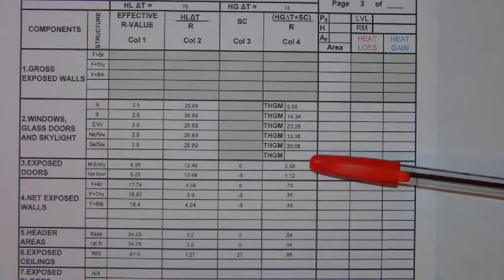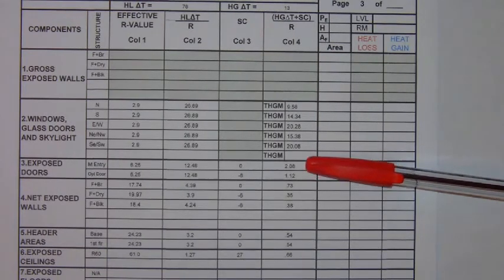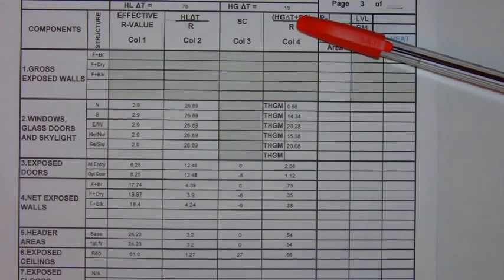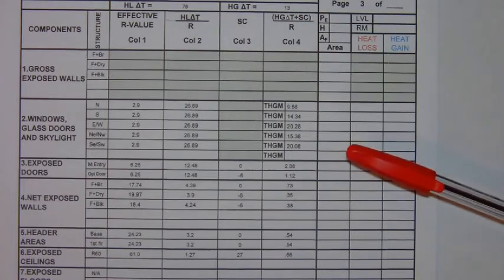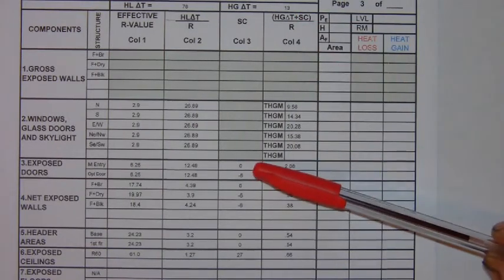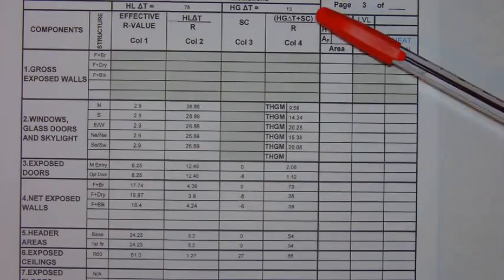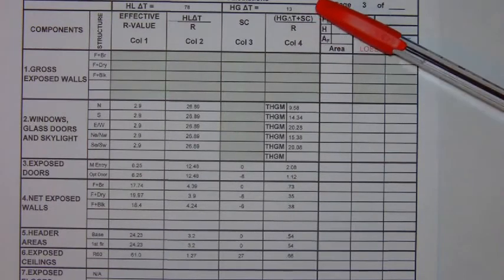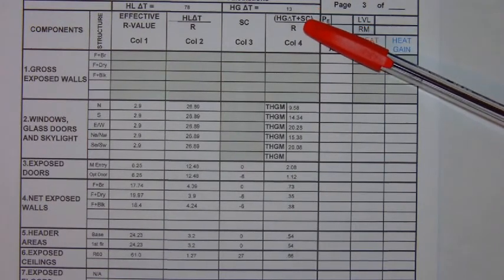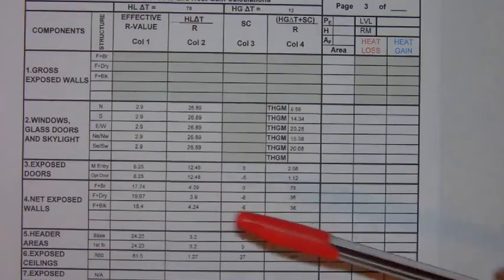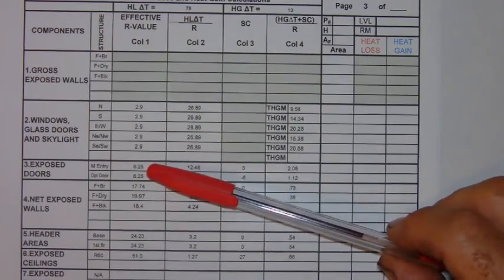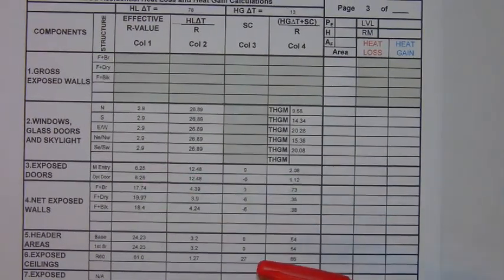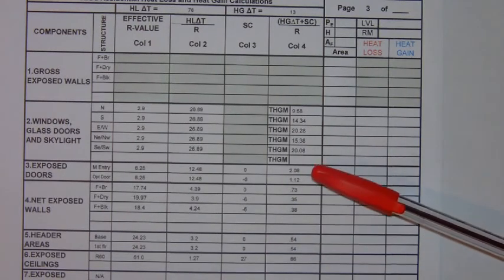So the first door, a main door, would be the heat gain delta T, which is 13 degrees, plus a solar correction of 0. So that means 13 plus 0 is of course 13, divided by 6.25, which is the effective R value, and that gives us a cooling heat transfer multiplier of 2.08.